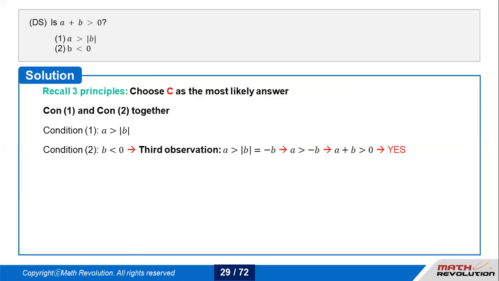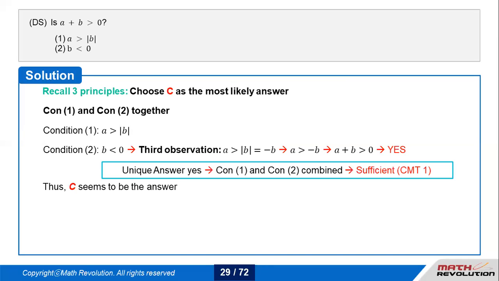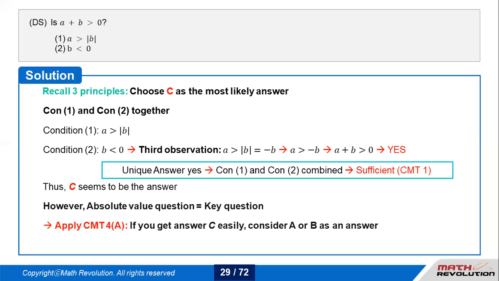If I arrange that minus B to the left hand side, it automatically becomes plus, and it gets me A plus B is greater than 0. That is yes. So combining both the conditions, C seems to be an answer, but now there is a major rule in the variable approach.